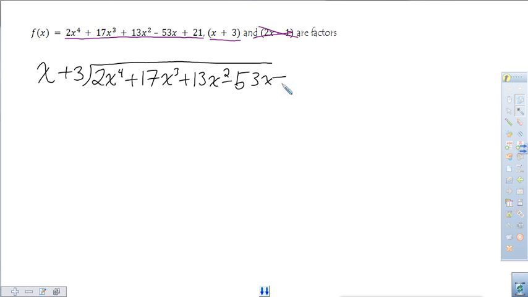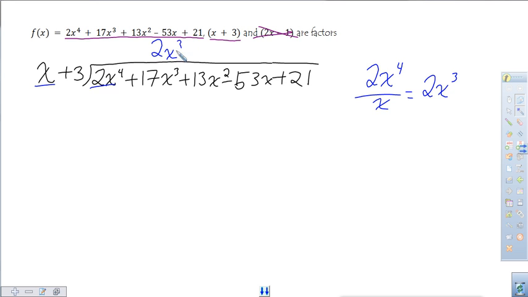Alright, so there are 3 big steps to this. The first step is to divide this first term by this first term. So 2x to the 4th divided by x gives you 2x to the 3rd. So we're going to line it up over the one that has the same exponent.